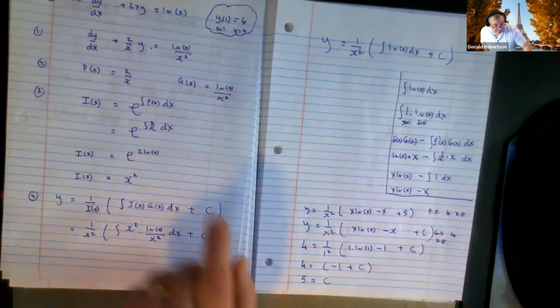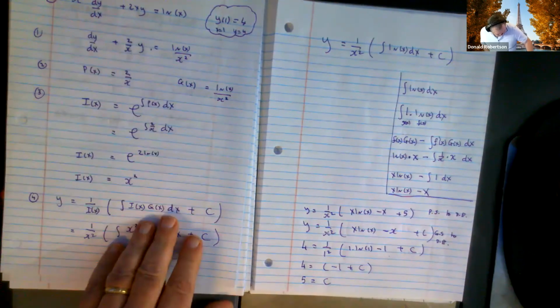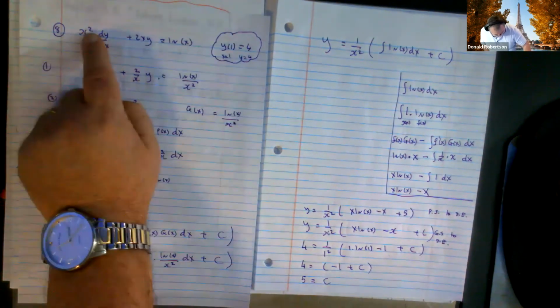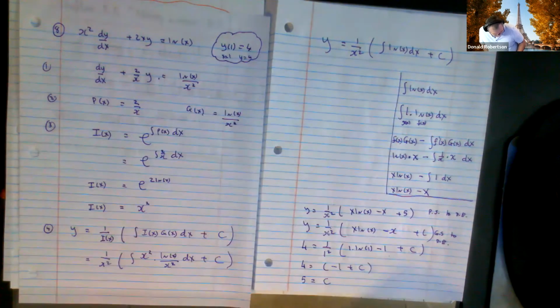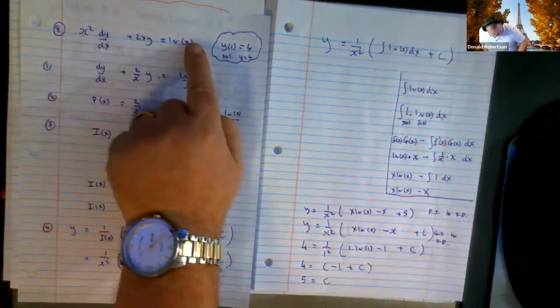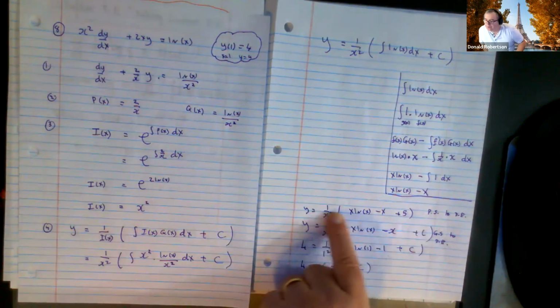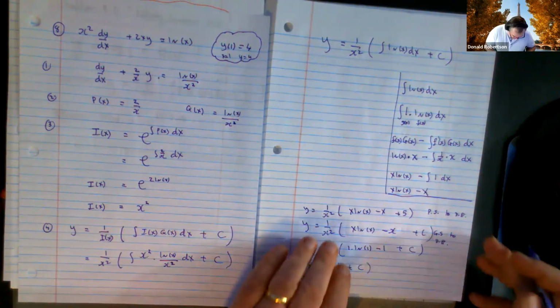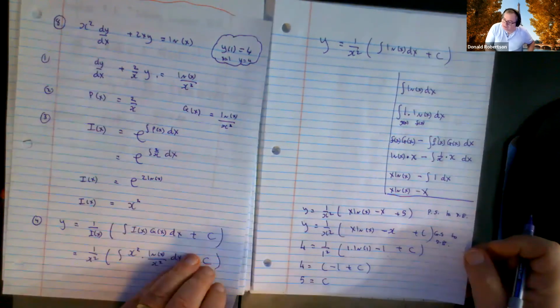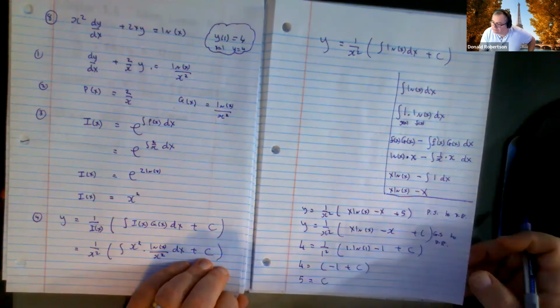So this differential equation up here, if you are told that y of 1 is 4, there's only one function in the universe that solves this equation, and it's this one here. Any questions? We're good?